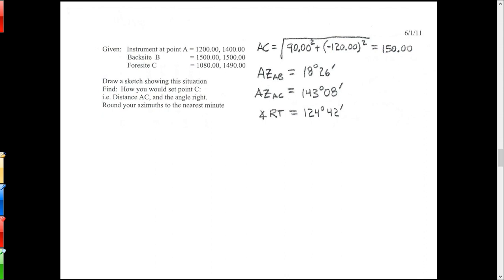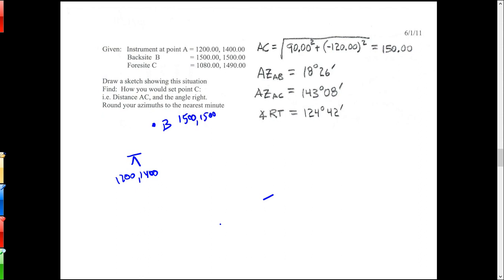So this is that radial surveying stuff. Again, I really suggest you draw a picture. Instrument is at 1200, 1400. Now remember, the northings come first. The backsight is something that's further north and further east. So the backsight is over there, and that's 1500, 1500.